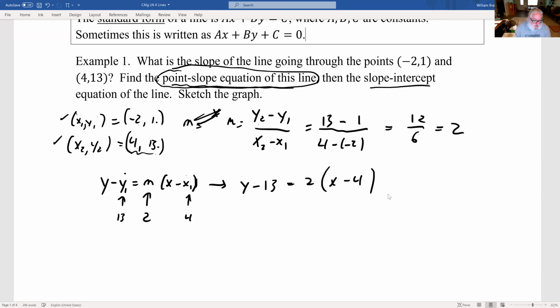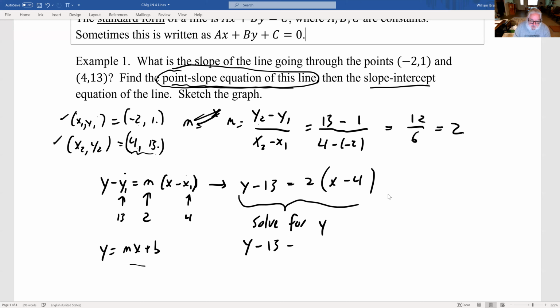Slope intercept equation is y equals mx plus b. If I have this and I solve for y, I'll get this form. So I'm going to distribute the 2 on the right side first.